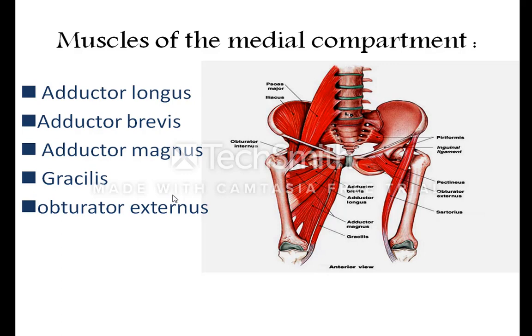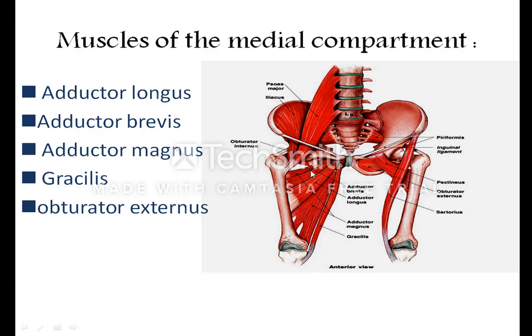So let's move to the muscles of the medial compartment. The muscles of the medial compartment include the adductor longus, adductor brevis, adductor magnus, gracilis, and obturator externus.